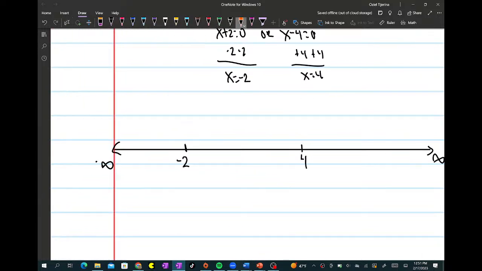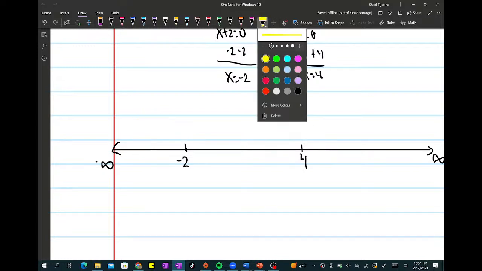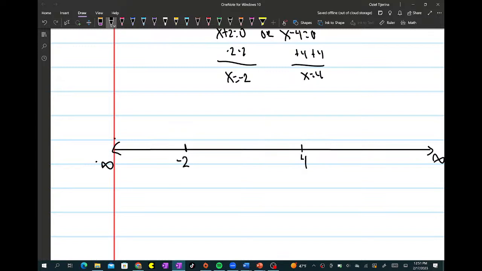So really, this becomes one part. It's just going to be like the other example that we did. -infinity to -2, like this. -2 to 4, so this one can be another one.